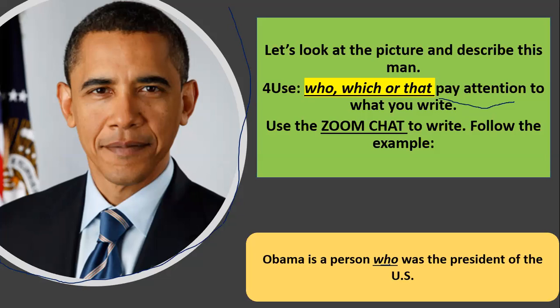I'm going to use the Zoom chat to write my sentences, okay? Did you get my example on the chat? Yes. Okay, so I want you to do at least one and use whatever relative clause you want to use. Okay, so let's do this.